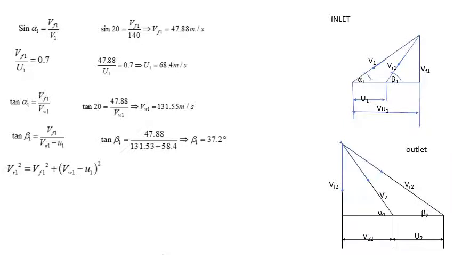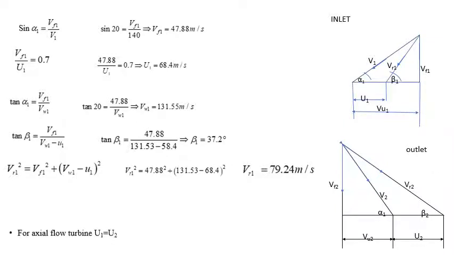Next take one more relation, that is Vr1 square is equal to Vf1 square plus Vu1 or Vw1 minus U1 whole square. In this relation substitute the values here, then find the value of Vr1, and Vr1 is equal to 79.24 meter per second.